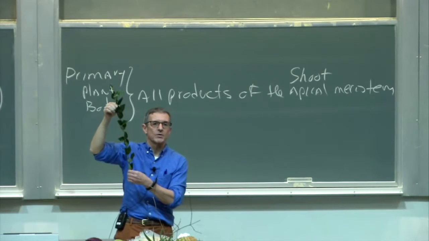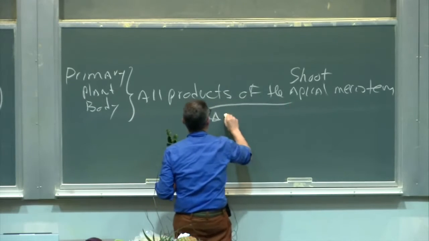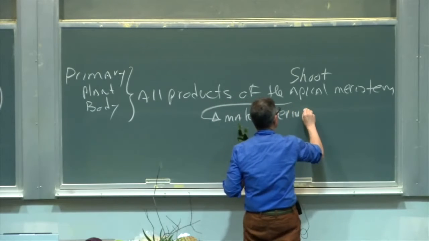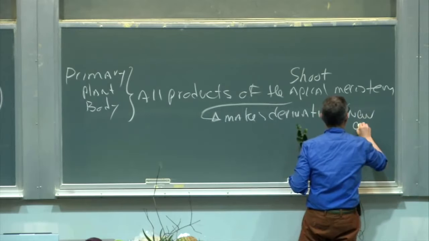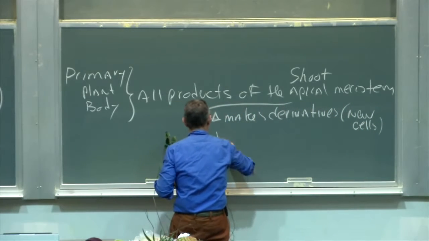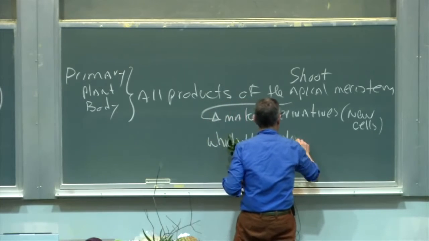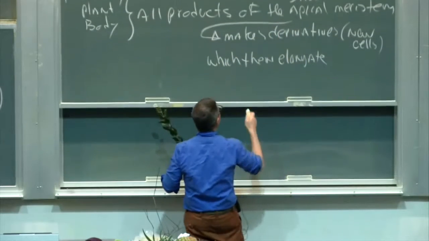And the shoot apical meristem makes derivatives, or you could say new cells, which then elongate and contribute to the increase in length of the stem.